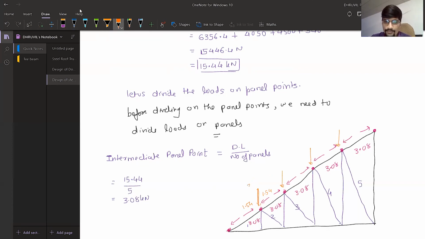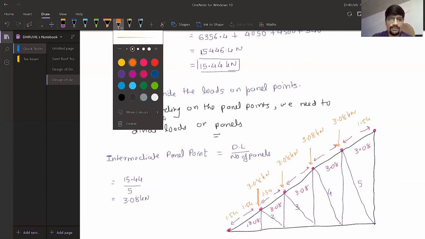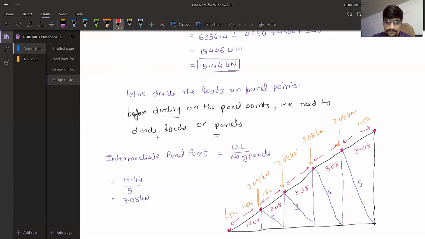Likewise, on each intermediate panel point, it will be 3.08 kilonewton. Leaving the first and top joints, because here only it will be 1.54 and here only 1.54. These are known as end panel points.